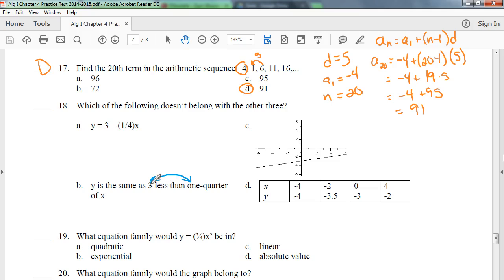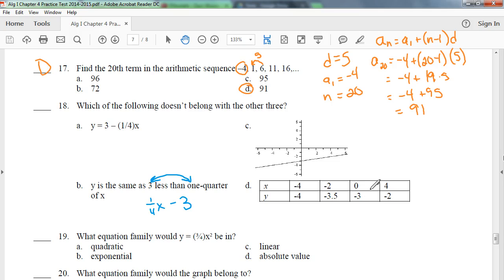That means that 3 less than 1/4 of x means 1/4 x minus 3, not the other way around. So A and B don't represent the same thing, and we're going to have to decide with C or D which one of those they match.